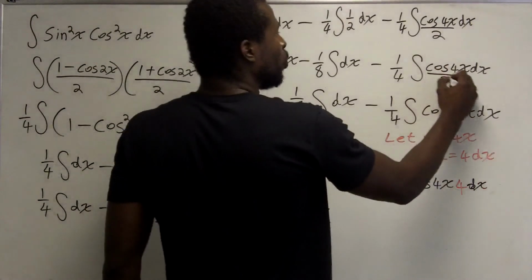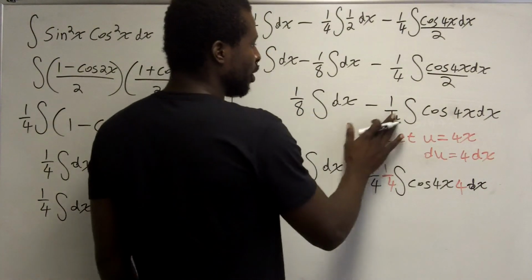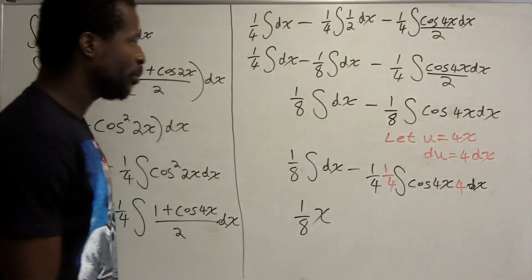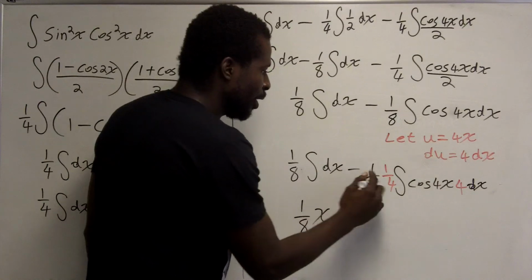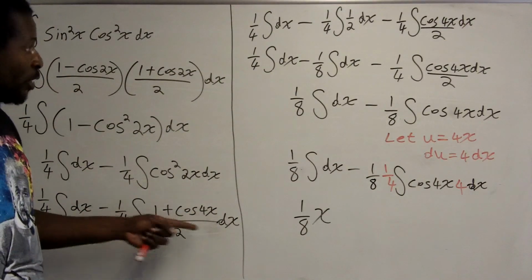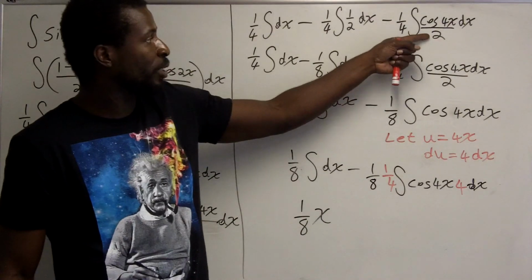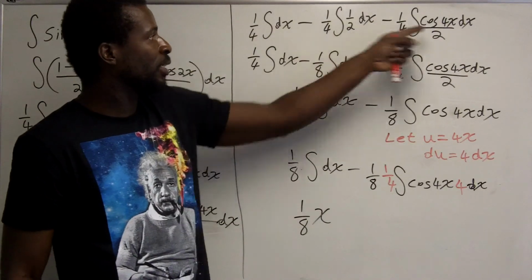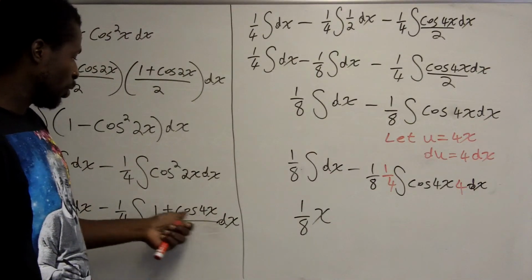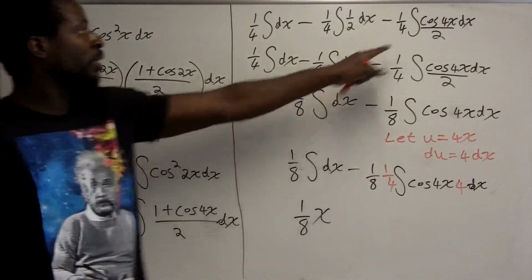So there should be a factor of 2 here, which means this should not be a 1/4, it should actually be a 1/8. I just forgot that there was that factor of 1/2 in the cosine of 4x also. There should be a 2 in the denominator here, because I'm splitting the 2 amongst the 2 terms of the numerator. So it should have been this.